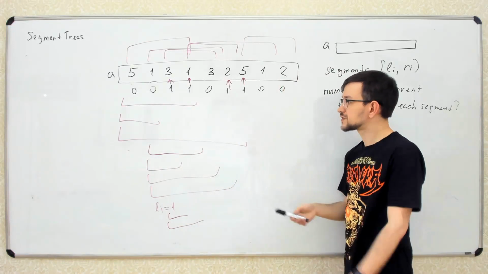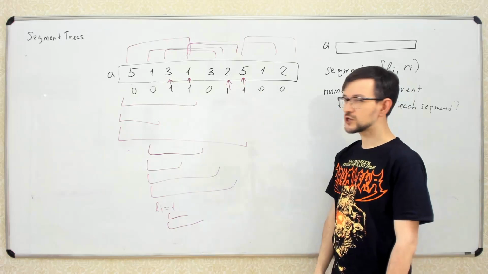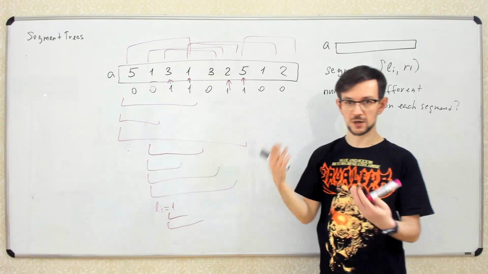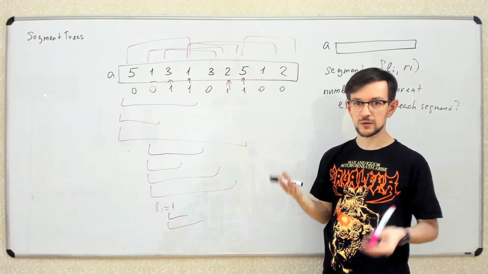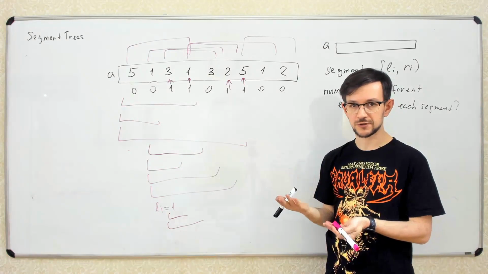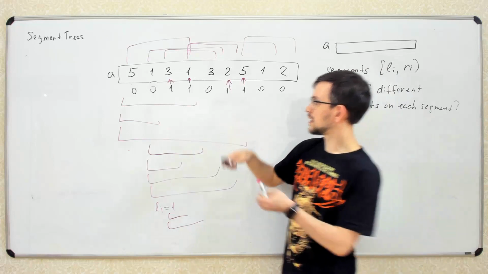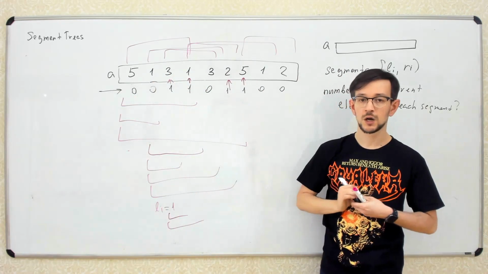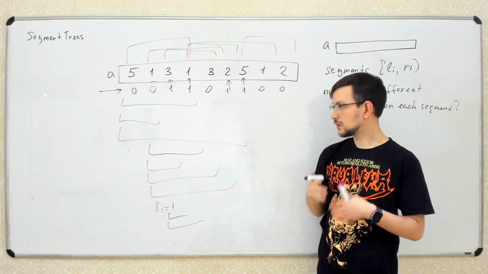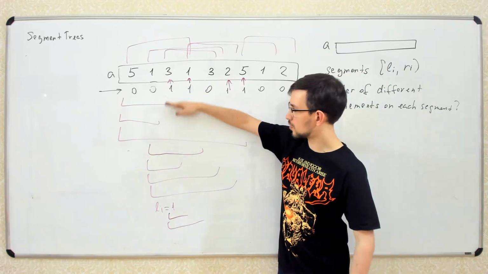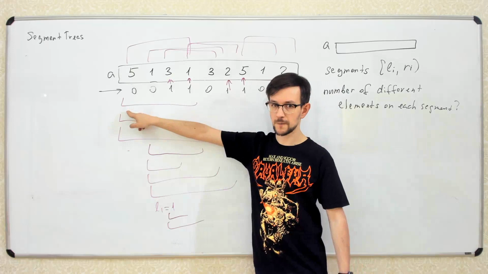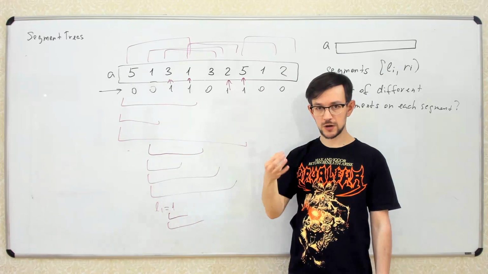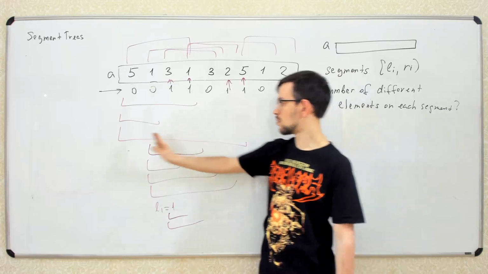Again, we need some data structure which allows us to remove an element, to add an element, and to find the sum on a segment. This is perfectly done with segment trees. So we will maintain these arrays of ones and zeros in the segment tree. Each time we take all queries with this left border, calculate the sum on the segments, answer these queries, then move the left border.